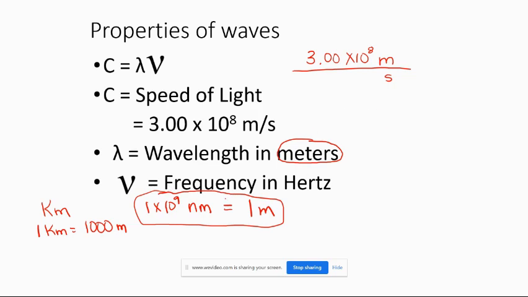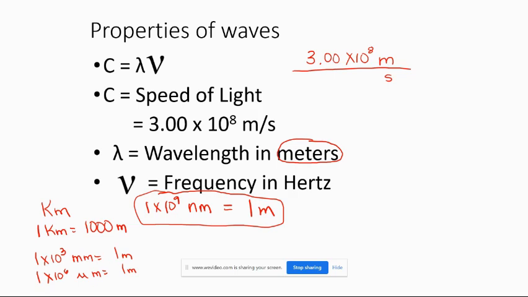If you want to get a perspective of this, there is 1 times 10 to the 3 millimeters in 1 meter. There is 1 times 10 to the 6th micrometers in 1 meter. And then there's 1 times 10 to the 9th nanometers.